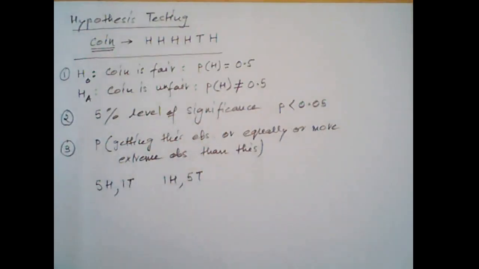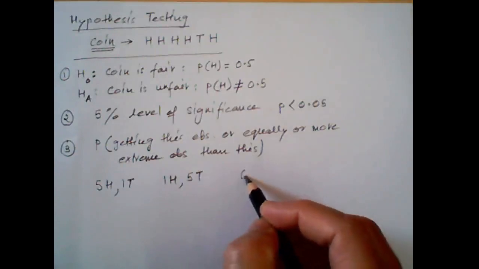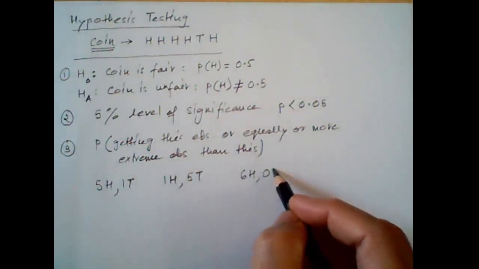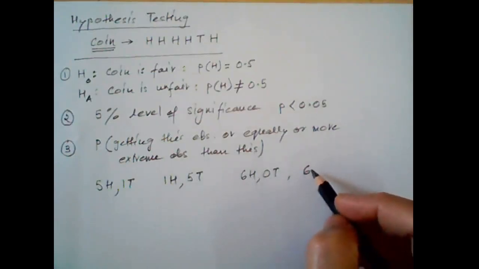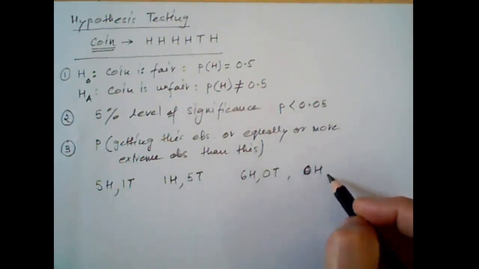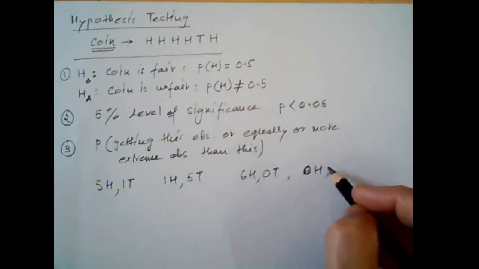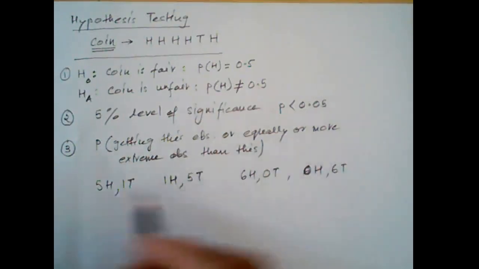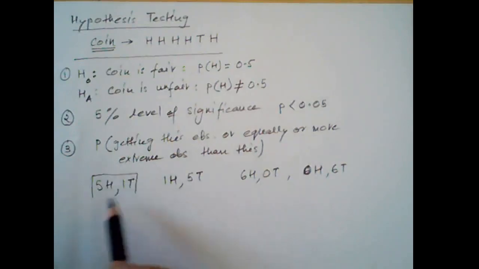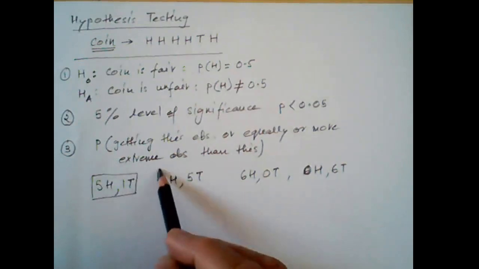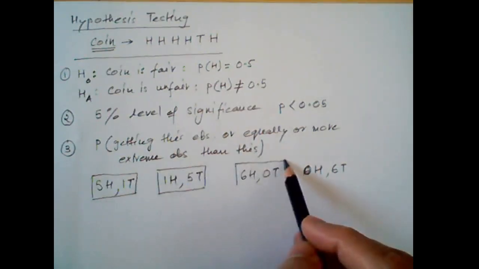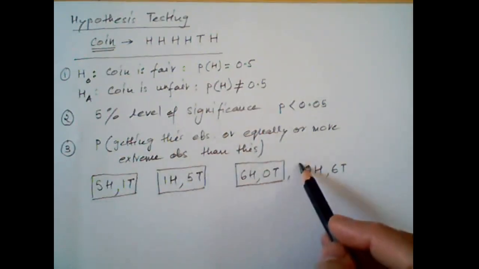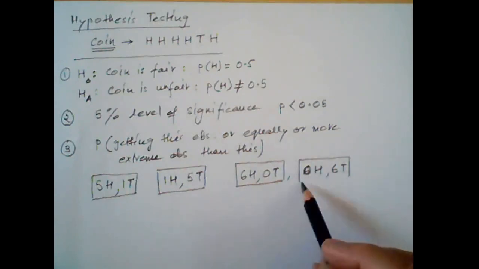And there are 2 other more extreme observations than that, which is all 6 are heads with no tails and all 6 being tails with 0 heads. So we have these extreme observations which can be possible, equally or more extreme than the one that you have got.